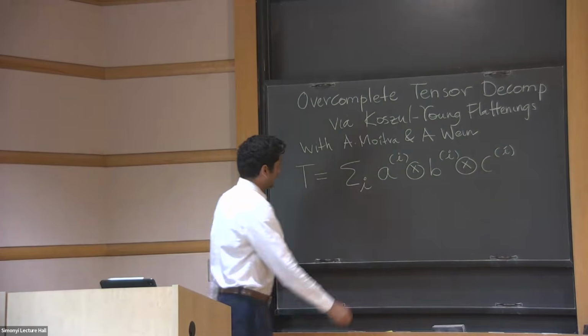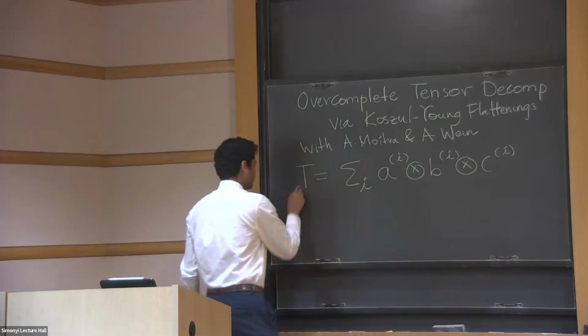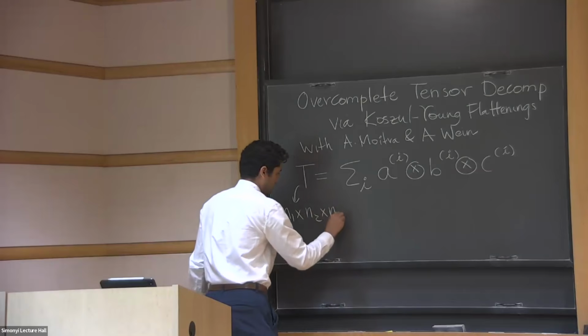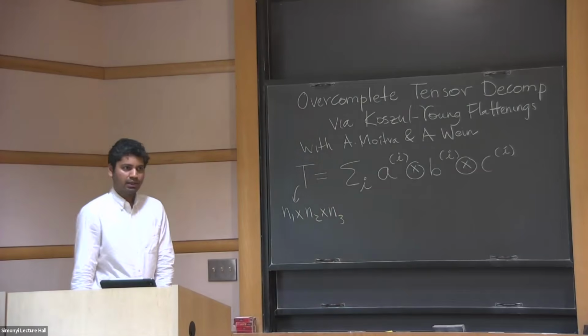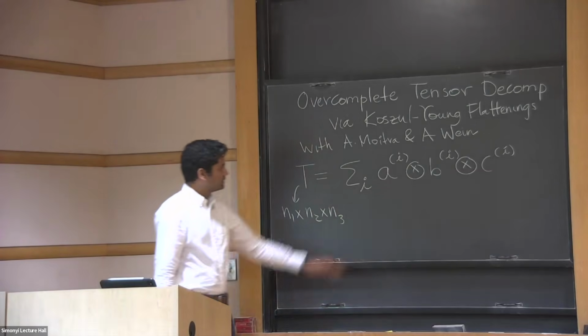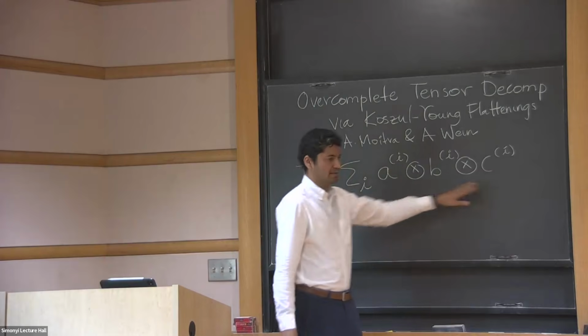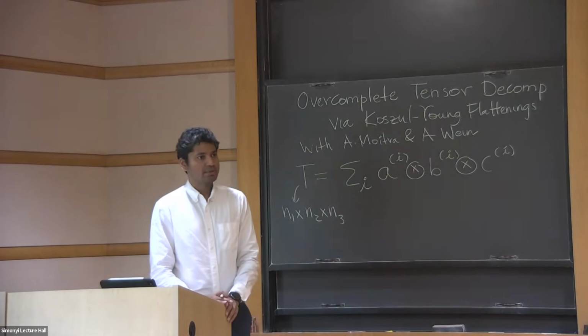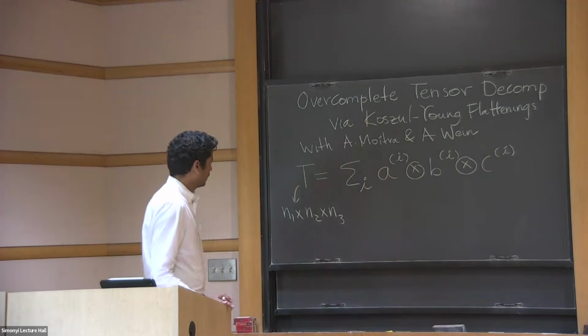And I'm going to think of tensors in n1 cross n2 cross n3 dimensions. What that means is that these vectors a_i, b_i, c_i are in R^n1, R^n2, and R^n3 respectively.